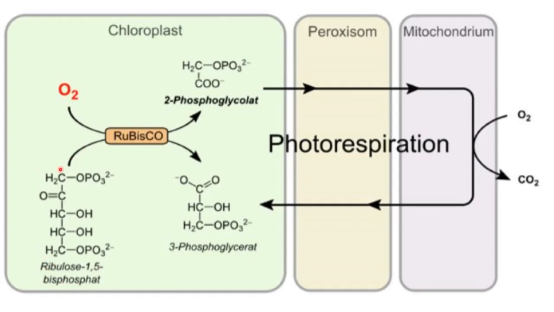So you need to draw it like this: the Rubisco enzyme in the presence of CO2, when it binds to CO2, forms 2 molecules of 3-phosphoglycerate.